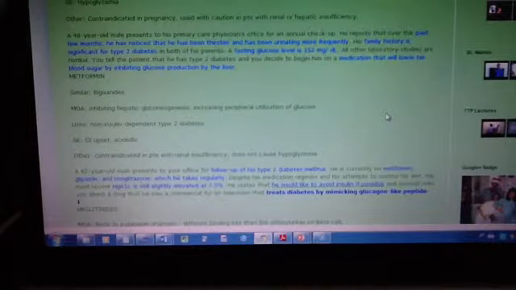This is another classic case. This time it's for Metformin. It is part of the biguanides family, and it inhibits hepatic gluconeogenesis and increases the peripheral utilization of glucose. So it's different from the sulfonylureas, and it is for non-insulin dependent type 2 diabetes.